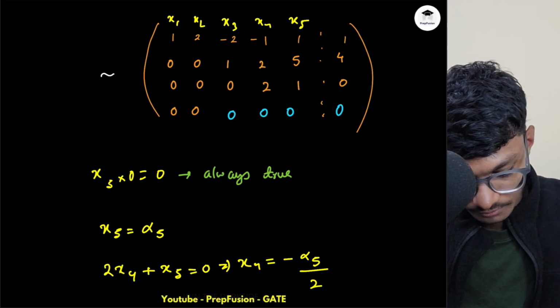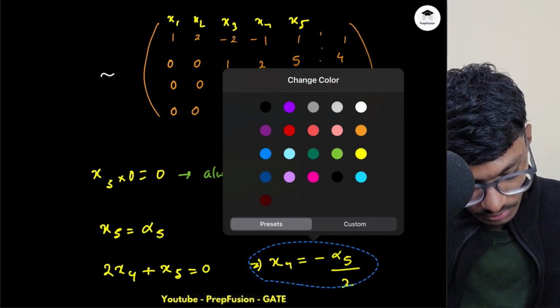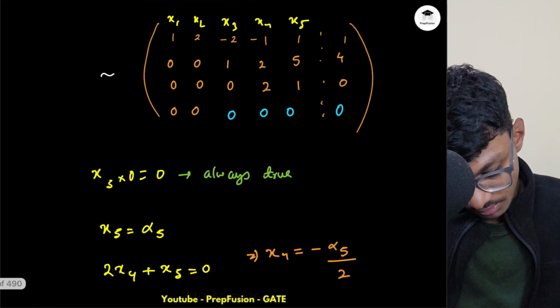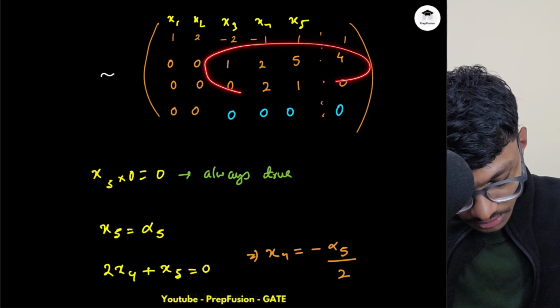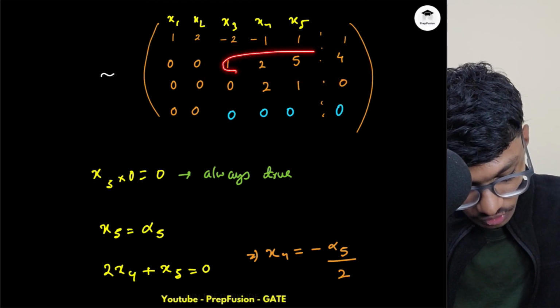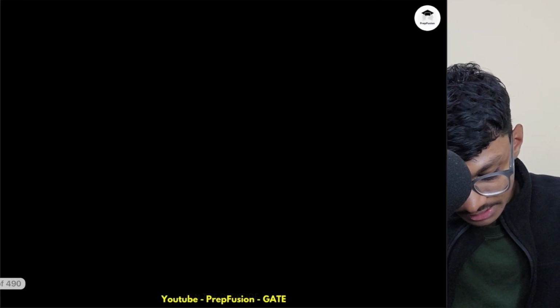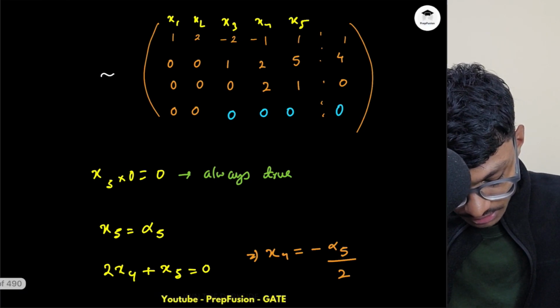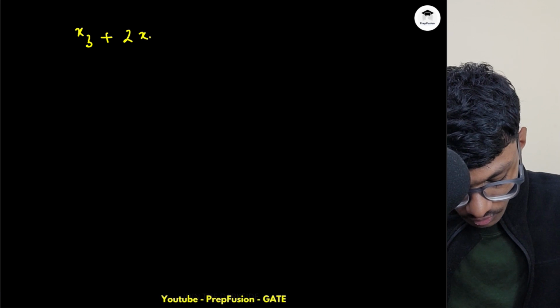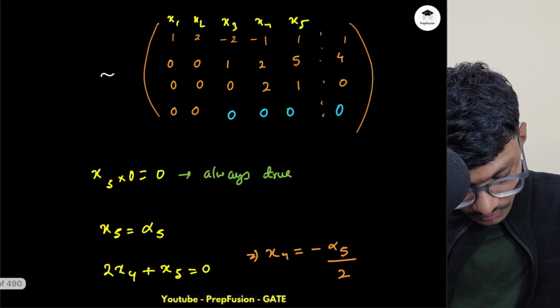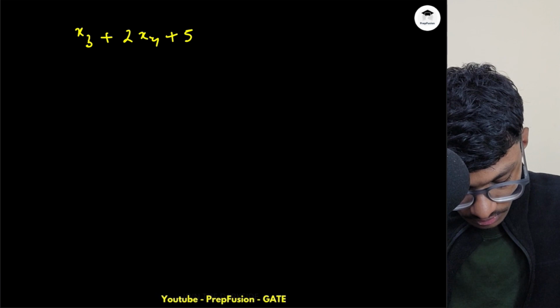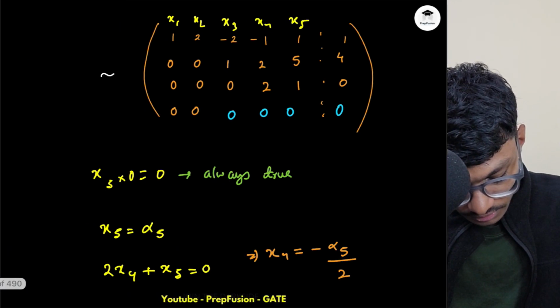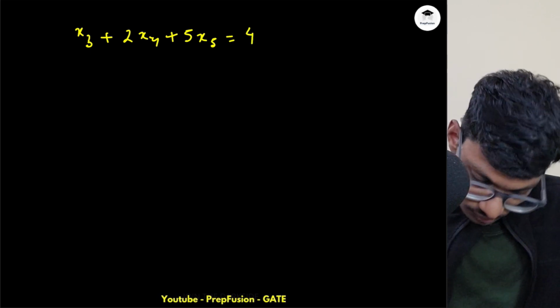So x4 is minus alpha 5 by 2. Now let's solve this equation. What do I see? x3 plus 2x4 plus 5x5 equals 4.